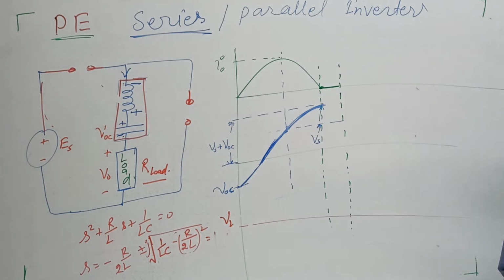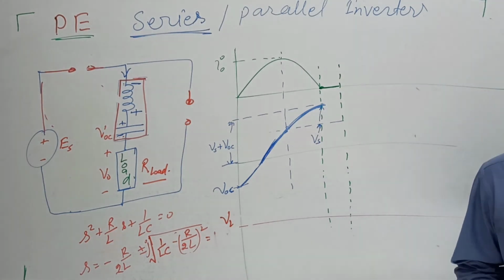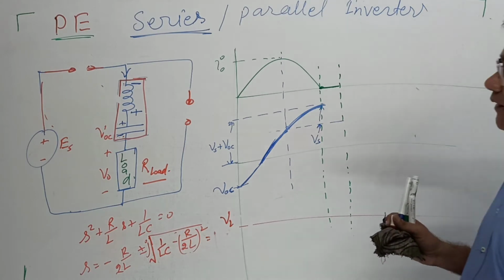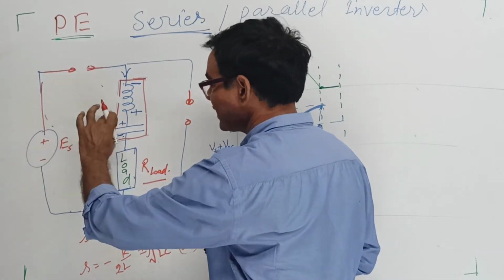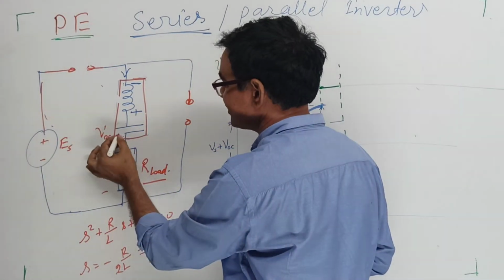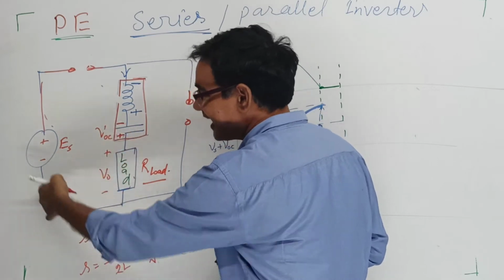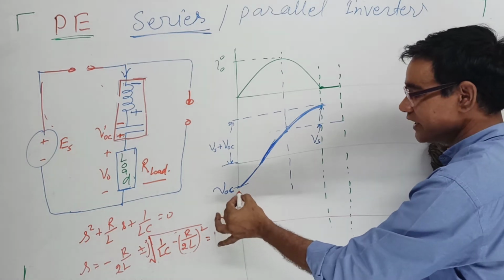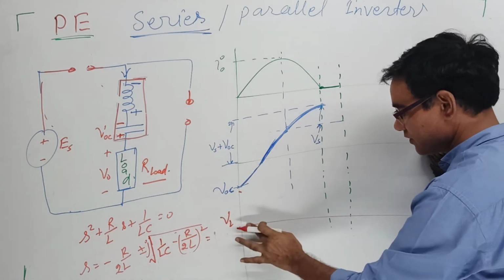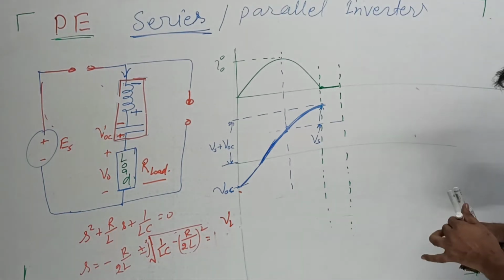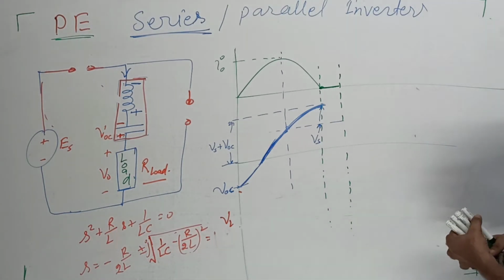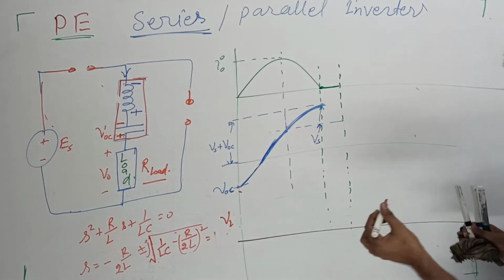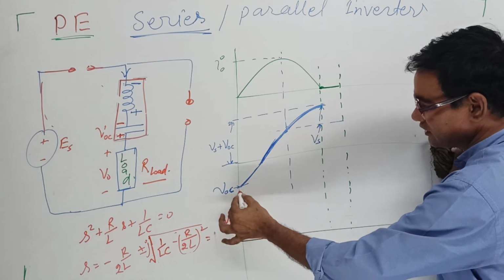Initially when the switch is turned on, the current flows, and due to the flow of current, the inductor opposes it. The capacitor voltage is initially like this, so it adds to the source. Not only the source, the source and capacitor both provide the voltage across the inductor initially.